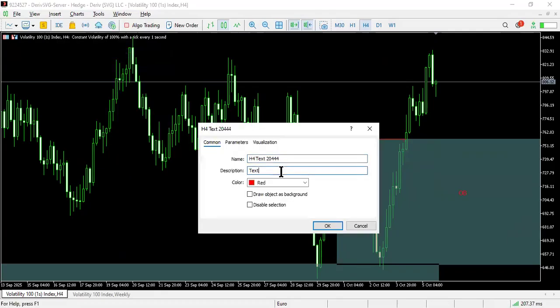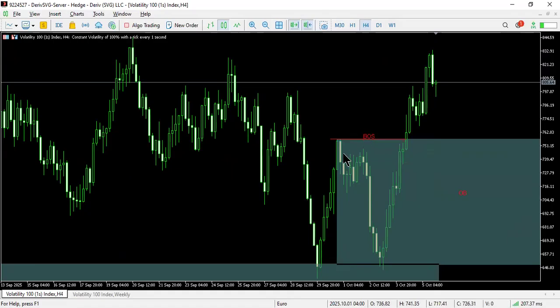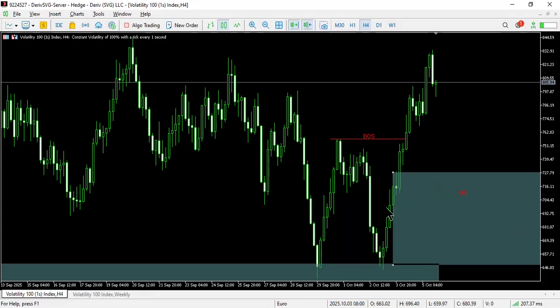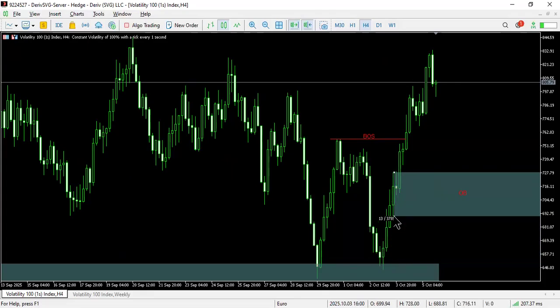That is a break of structure. Break of structure, and then the order block which caused that break of structure is there from the 4-hour time frame. That is our order block.